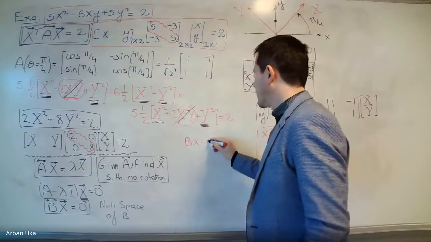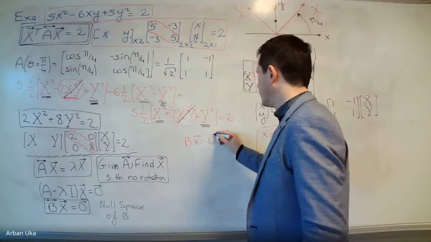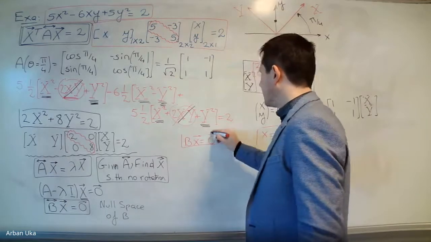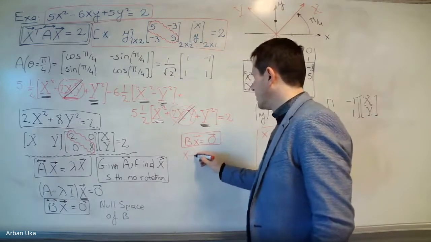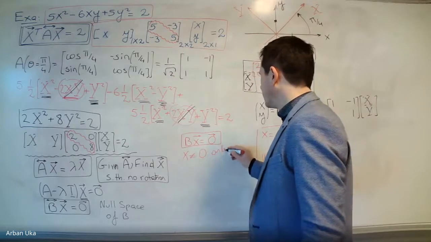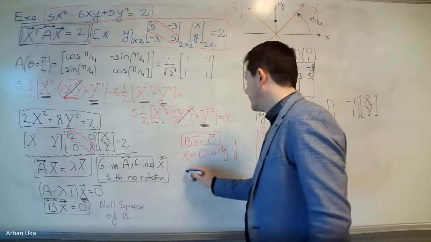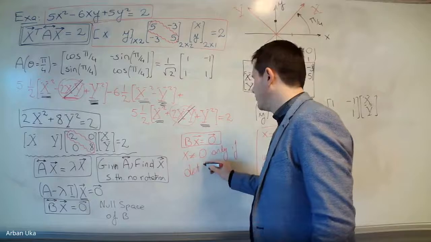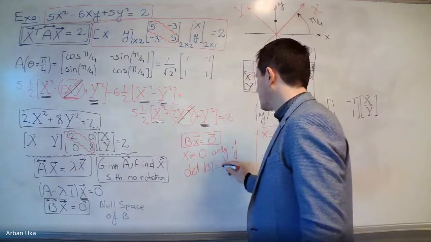Yes, for any system of equations Bx equal to 0, we have the trivial solution, but we don't want the trivial solution. So we get x different from 0 only if the determinant of B is equal to 0.